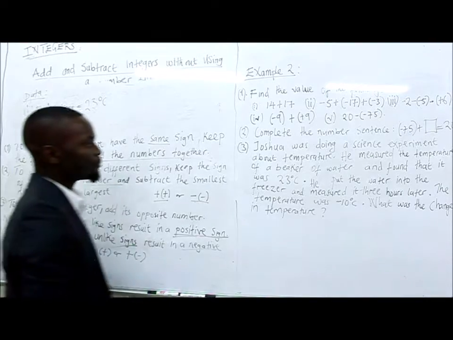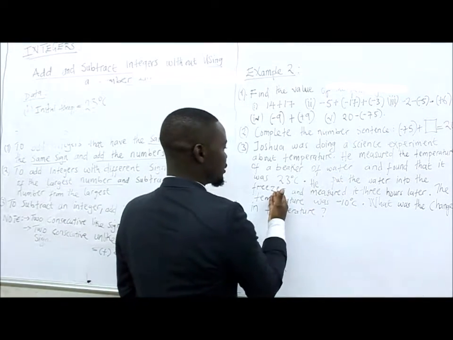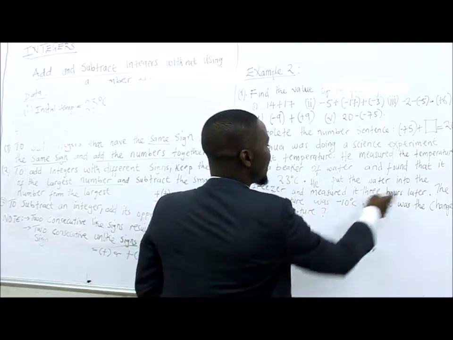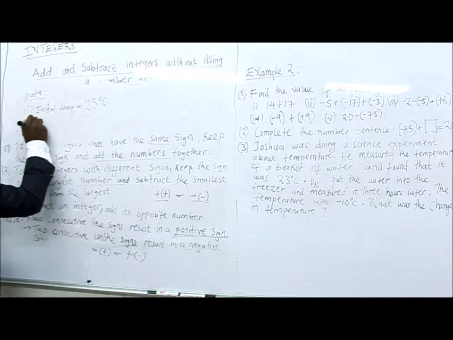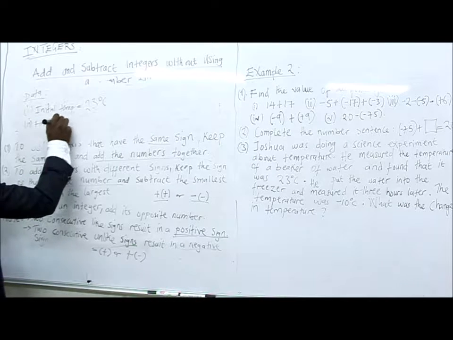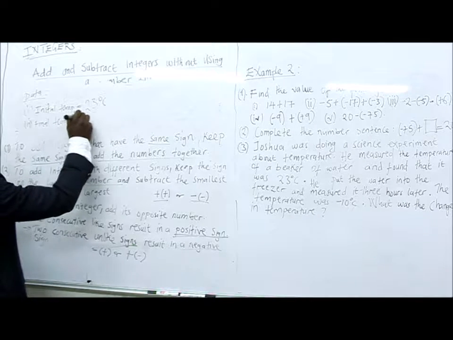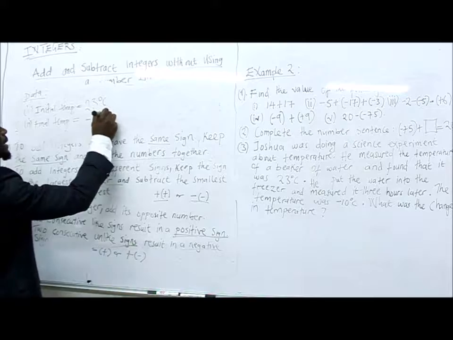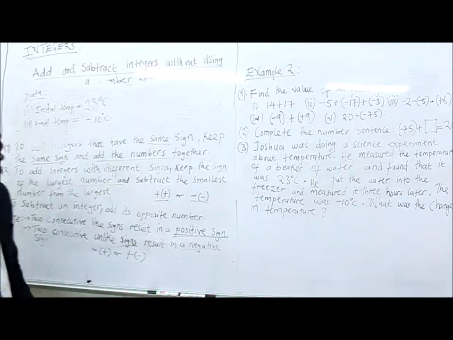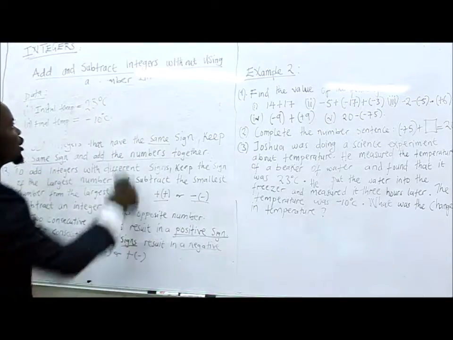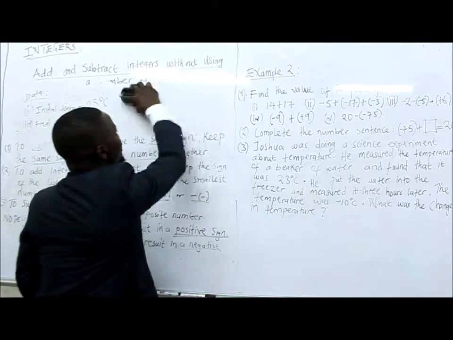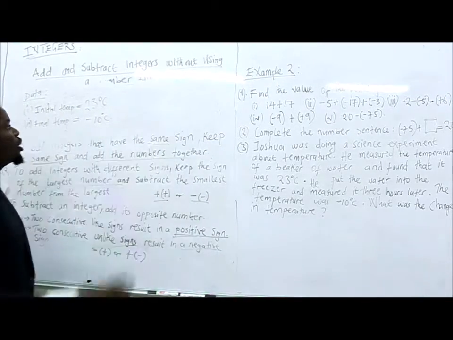Then after putting it in the freezer, he measured it after 3 hours and he found that the final temperature is negative 10 degrees Celsius. Now, what was the change in temperature?